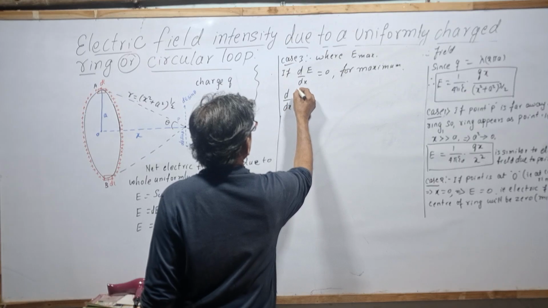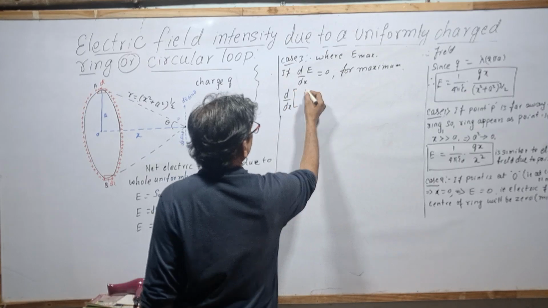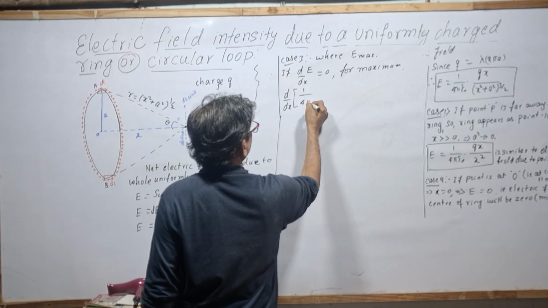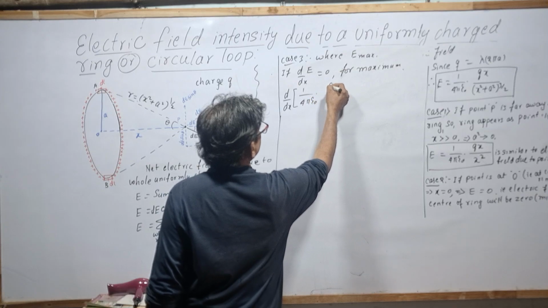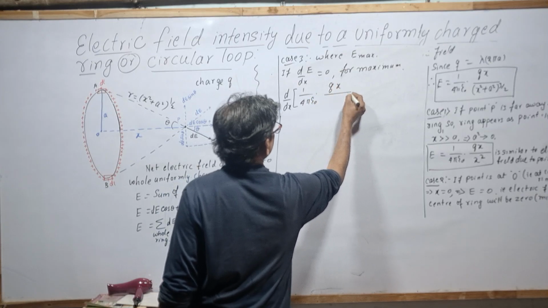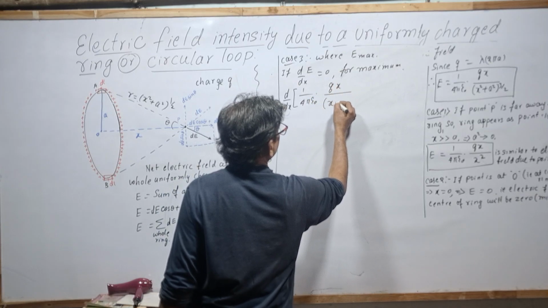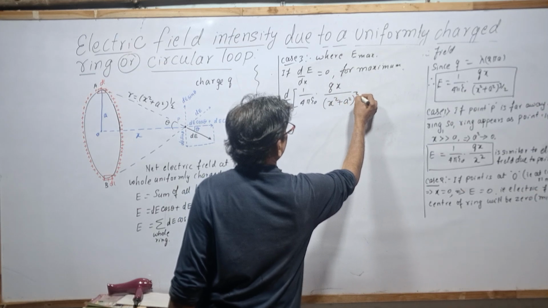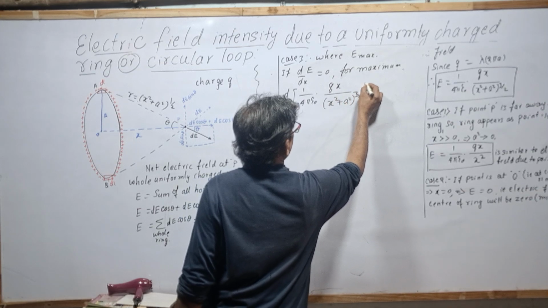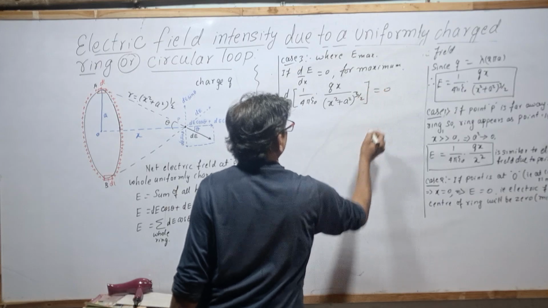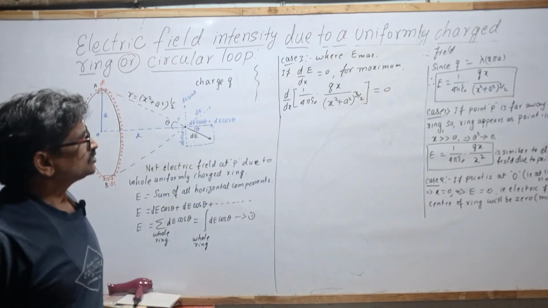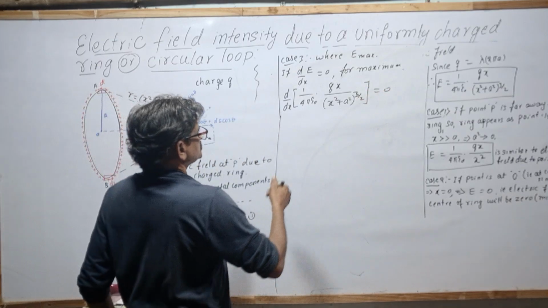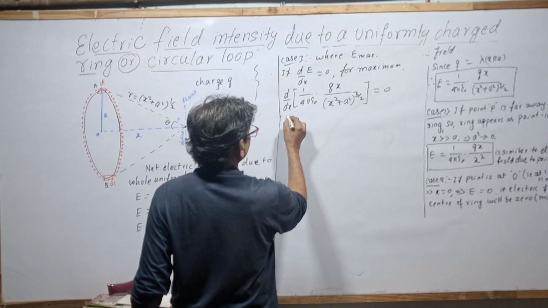Therefore you write here dE by dx. E value is what? E value is 1 by 4 pi epsilon naught, d qx divided by x square plus a square to the power 3 by 2, equal to 0. Whatever terms are there, take outside.